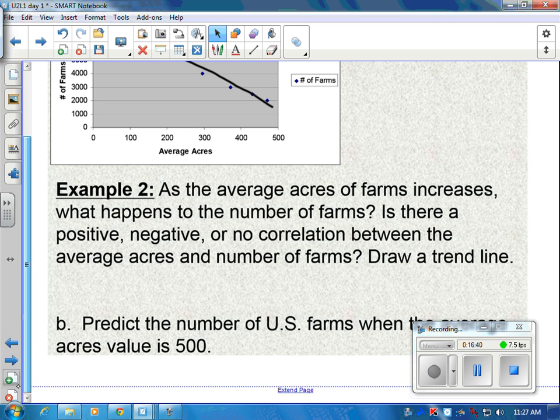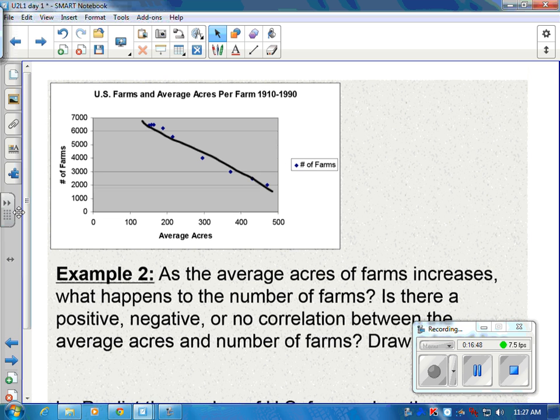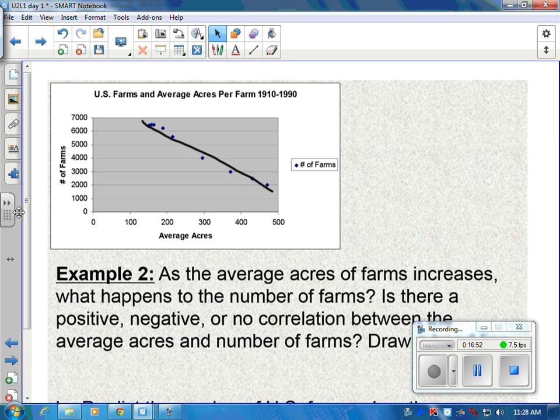Now I want to predict the number of US farms when the acres is about 500. Which value, X or Y, is going to be 500? X. Acres is the X value, so I'm looking at when X is 500, if I extend this trend line, when X is 500, what is my Y value? It's about 1,000, and I'd say anywhere between 1,000 to 1,500.